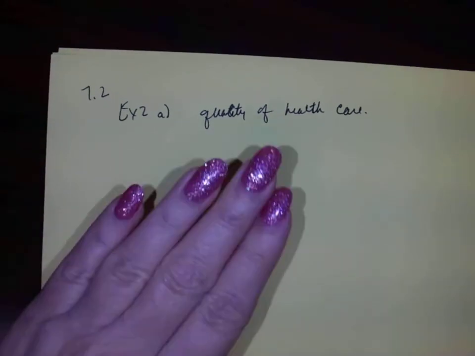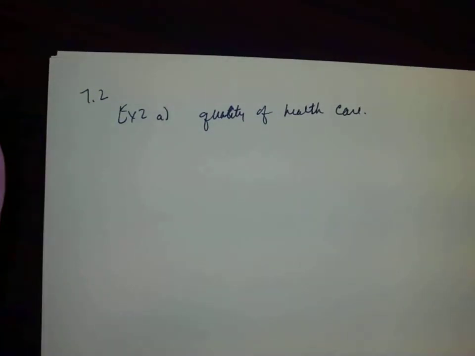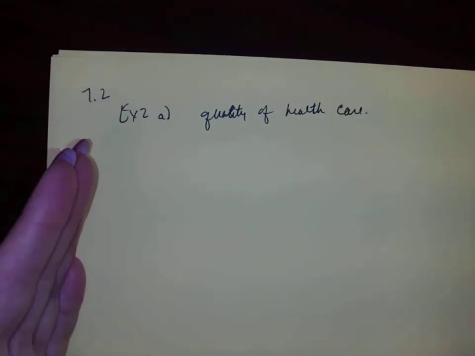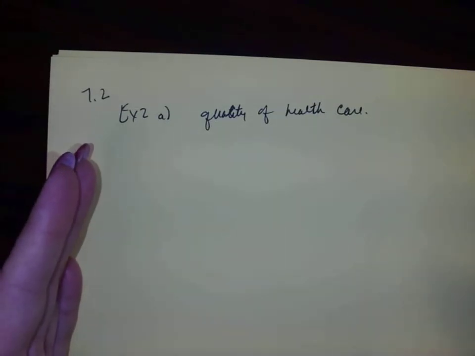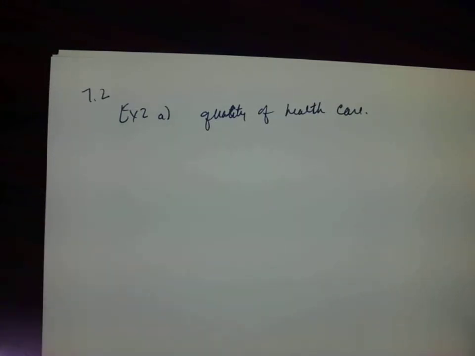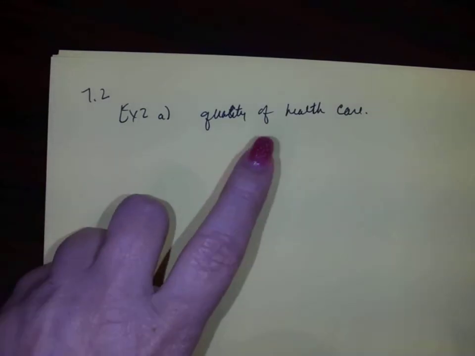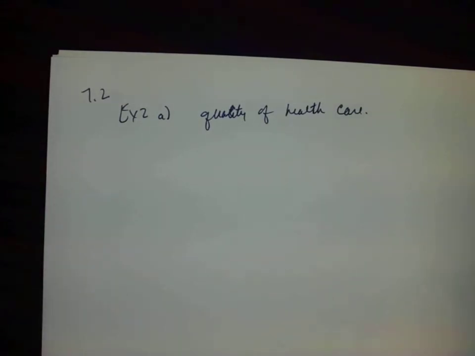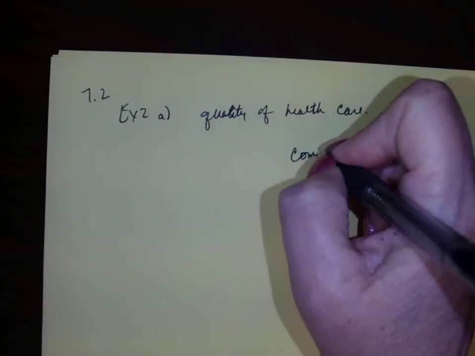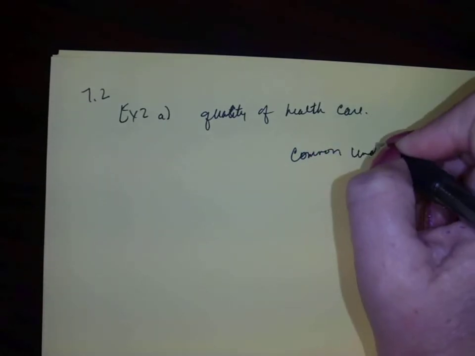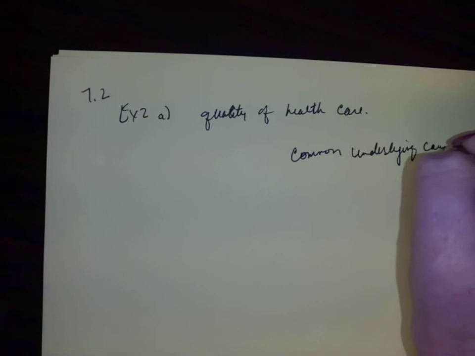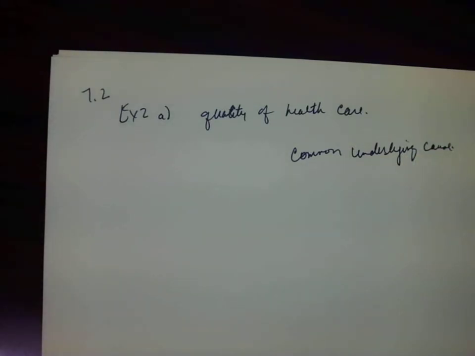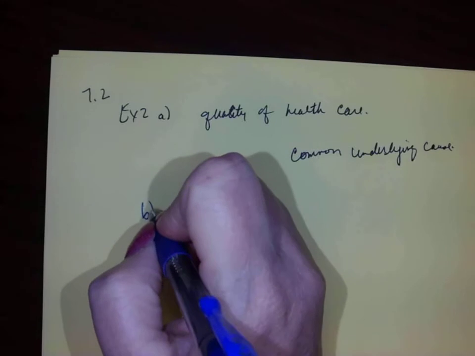If the quality of health care is good, then you're typically going to see less infant mortality, and you're going to see a longer life expectancy. So it's a common underlying cause. And that was the second point that we talked about when we were looking at the causality.